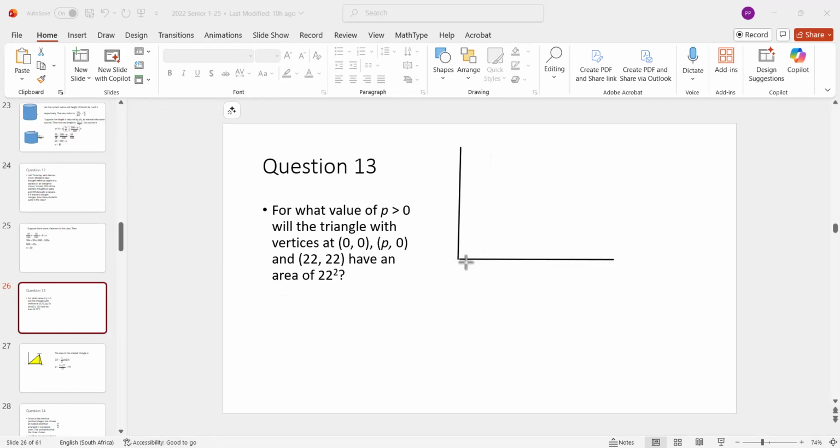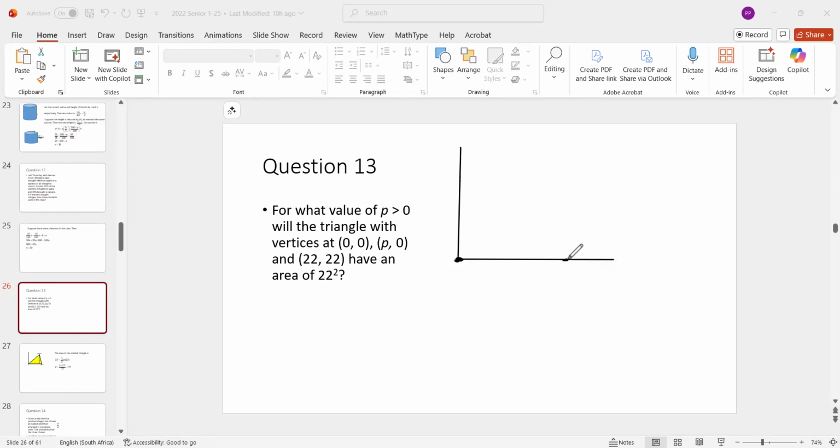The vertices of the triangle are (0, 0), so x equals 0, y equals 0. So this is one vertex. The other one is (p, 0). In other words, the y coordinate is 0, so the y coordinates are 0 along the x-axis.